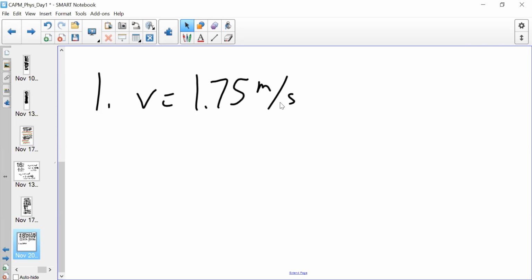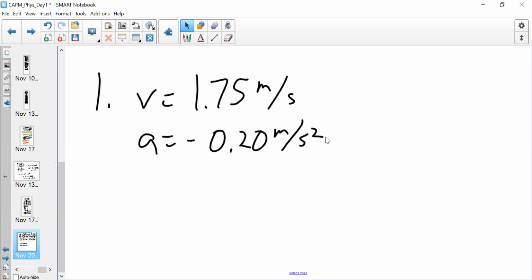When she starts up an incline, that causes her to slow down with a constant acceleration of negative 0.2 meters per second squared. How much time passes from when she begins to slow down until she begins to move back down the incline?